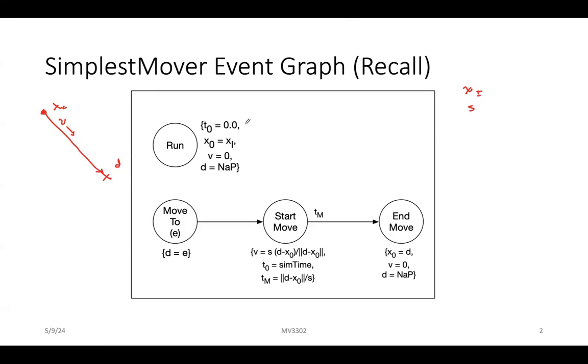When we start, it's basically time zero. Our initial location, our last stop location, which is state, starts as our initial location, with a zero velocity.